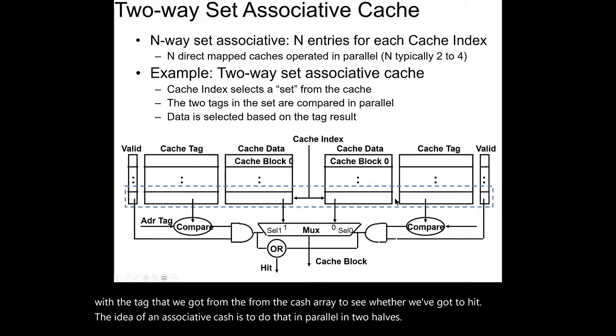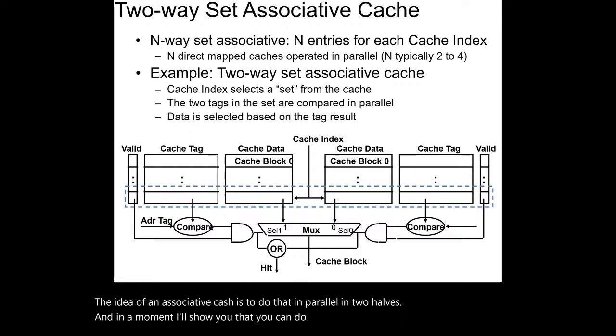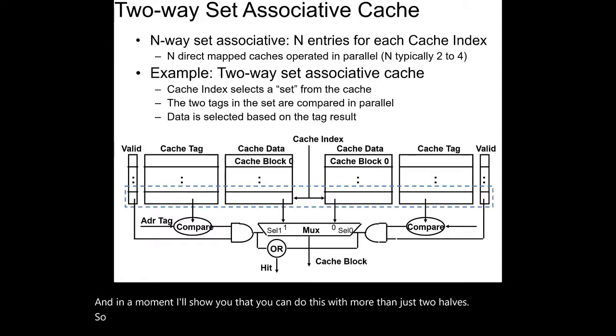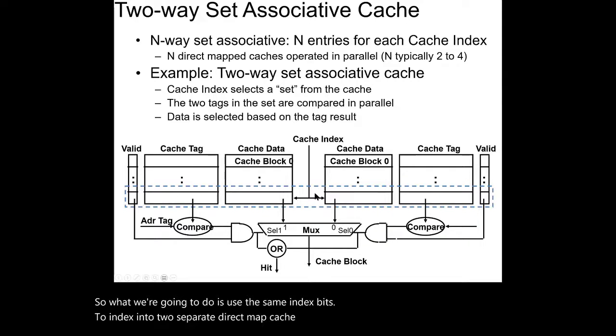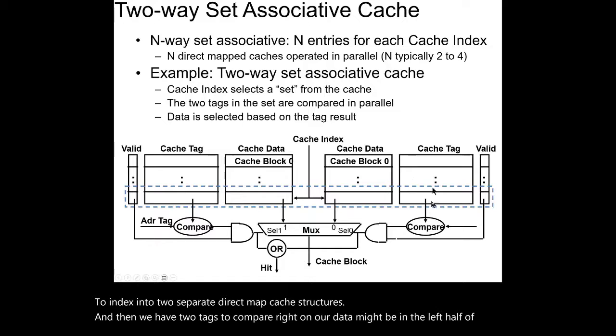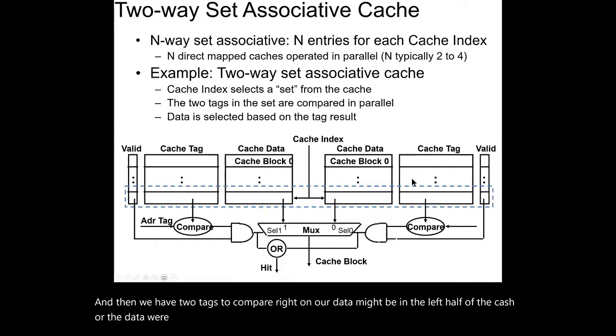And in a moment I'll show you that you can do this with more than just two halves. So we use the same index bits to index into two separate direct mapped cache structures. And then we have two tags to compare. Our data might be in the left half of the cache, or the data we're looking for might in fact be in the right-hand half of the cache.